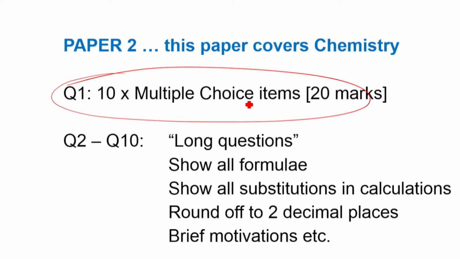Paper 2, again, this hasn't always been like that. There used to be short questions and various other types of questions. It seems now that we have settled into 10 multiple choice items for the chemistry as well, 2 marks a pop. Questions 2 to question 10, long questions, show the formula, substitutions in calculations. I made the point earlier. Please be careful of that. Rounding off to 2 decimal places.